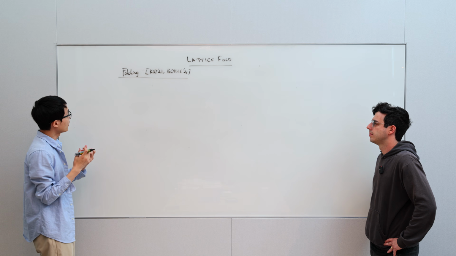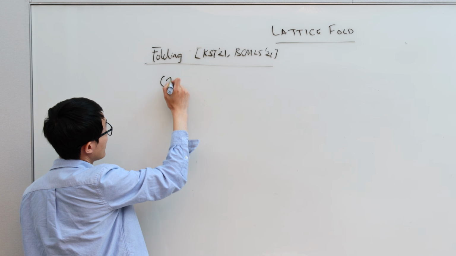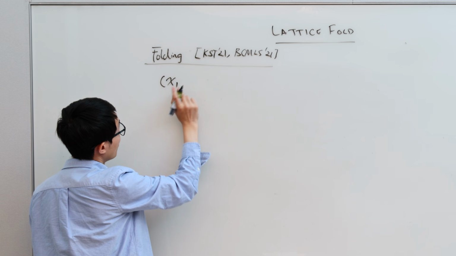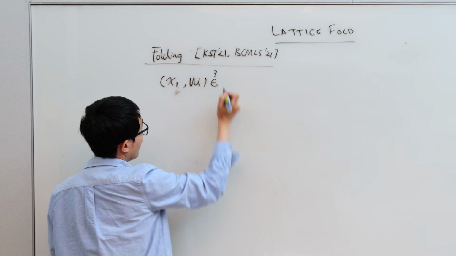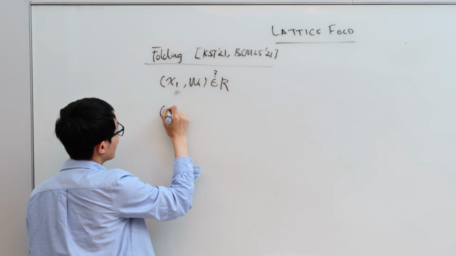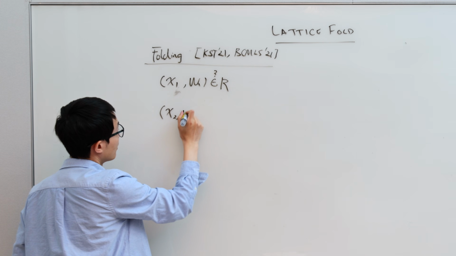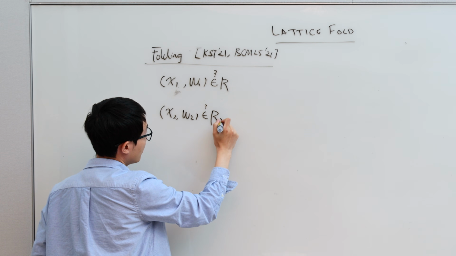Slightly more formally, suppose you have a statement you want to check which involves an instance x1 and witness w1, which you want to check is in some relation, say R, which we'll define later. And you have another statement, x2, w2, which you want to check is in another relation, say R star.